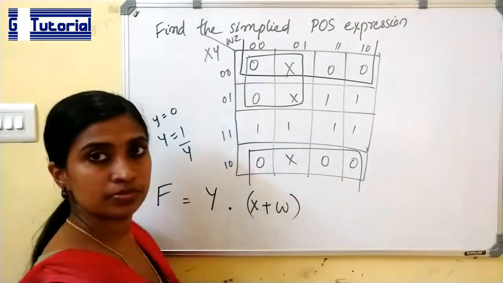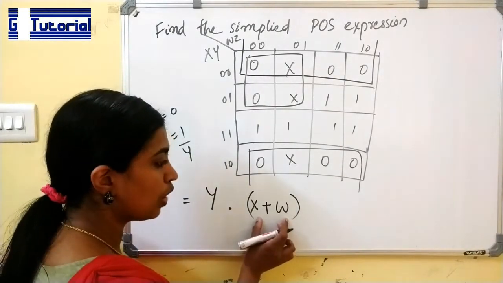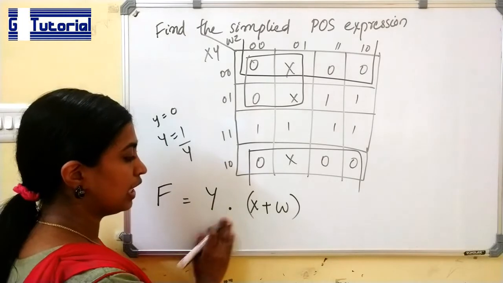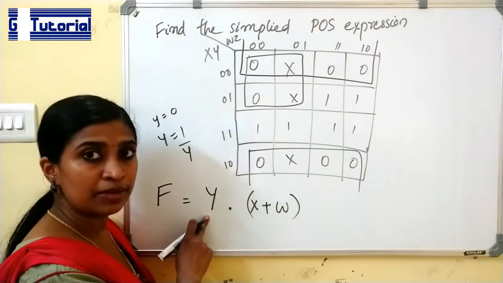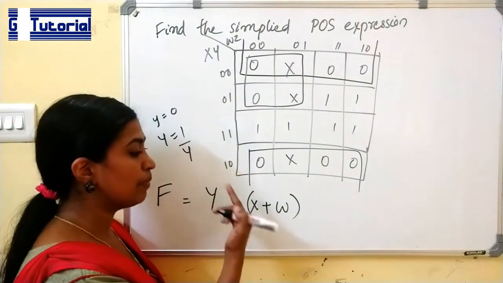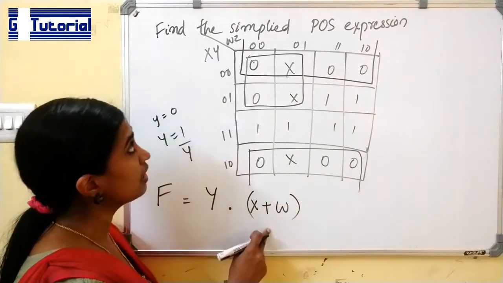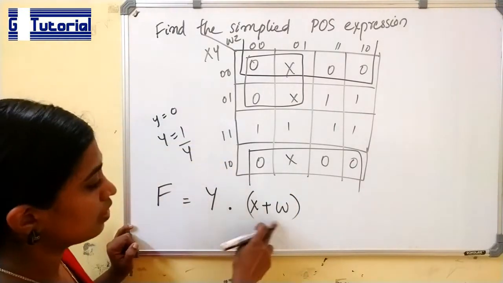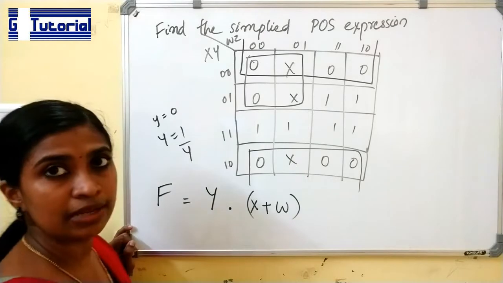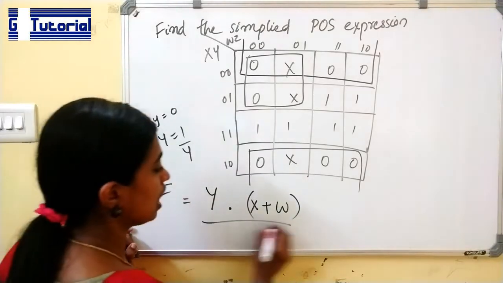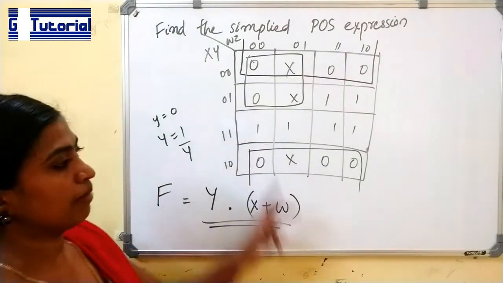This is a sum. This represents a quad, this represents an octet. When using an octet, we can eliminate 3 variables, x, w and z are eliminated, and here x, y and z are eliminated. So this is the output of the given K-map.